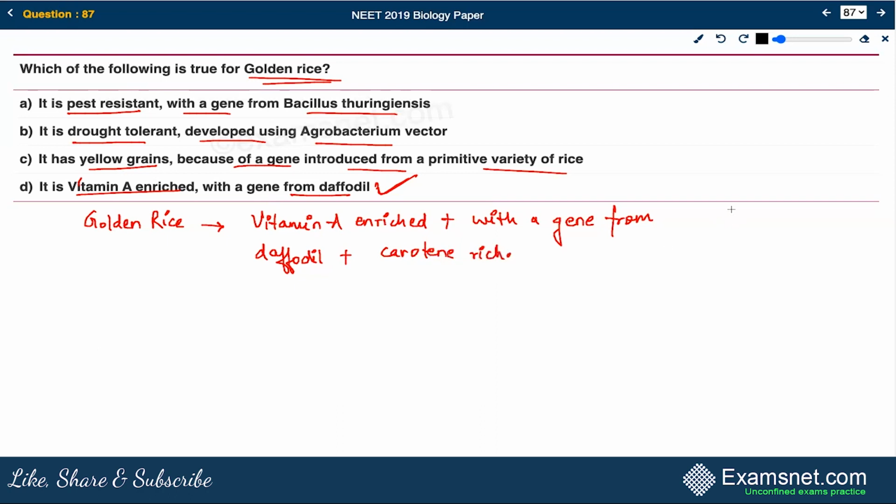All right. So that's why option D is the correct statement.